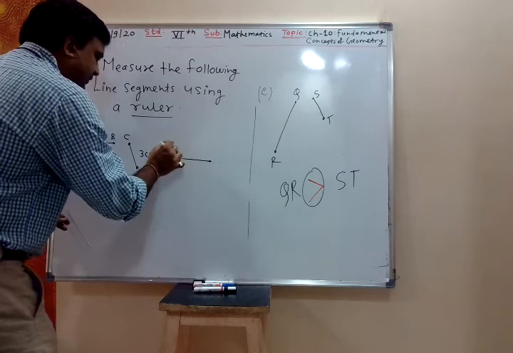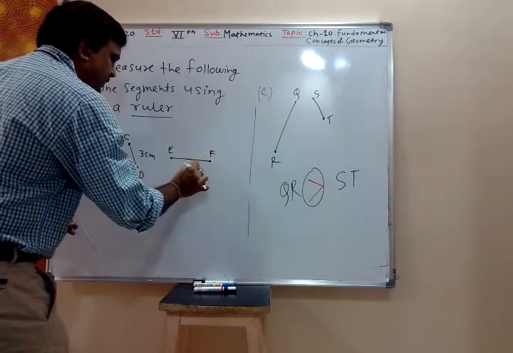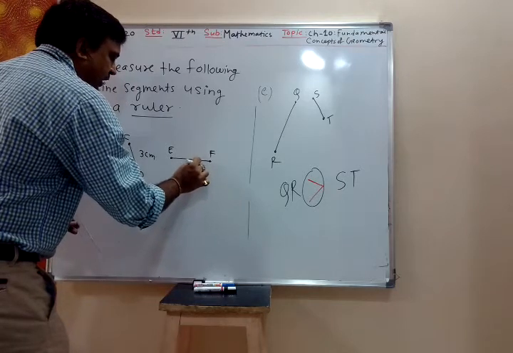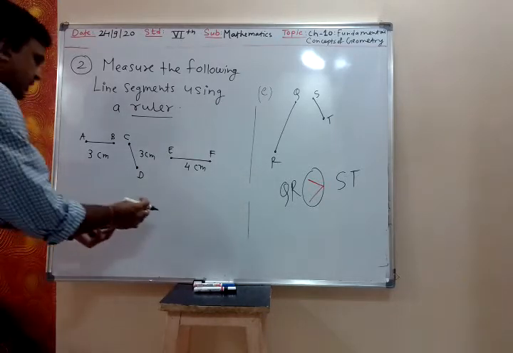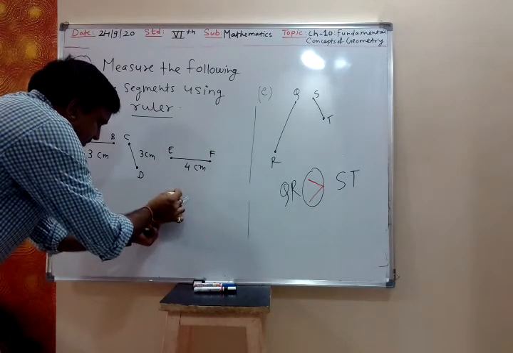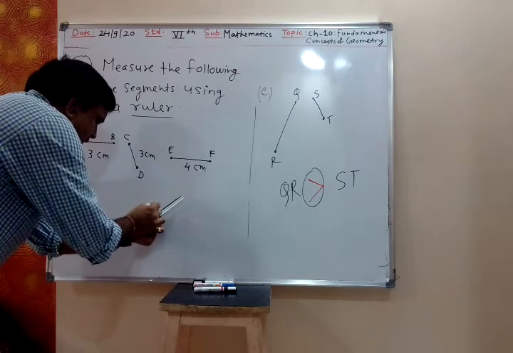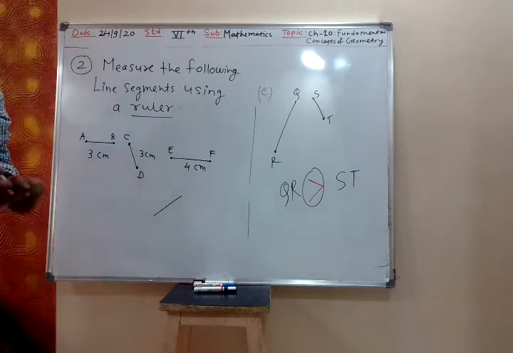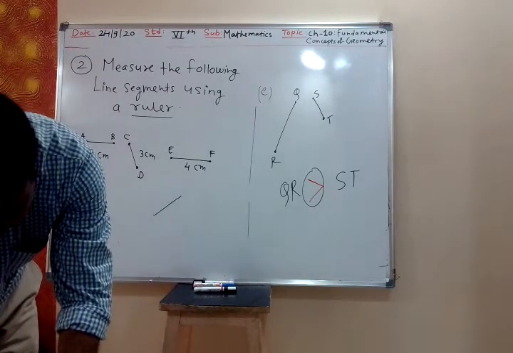Now write EF. Yes, EF is 4 centimeter. Then HG is the bigger line. No, my dear.